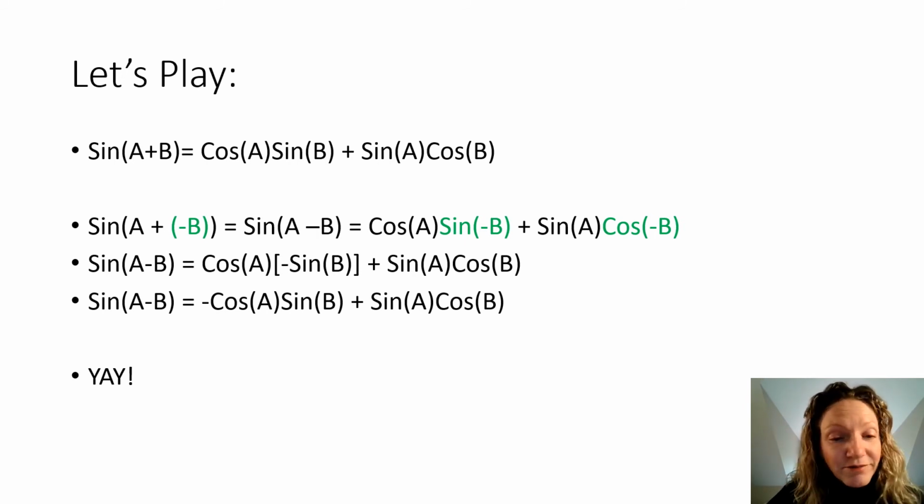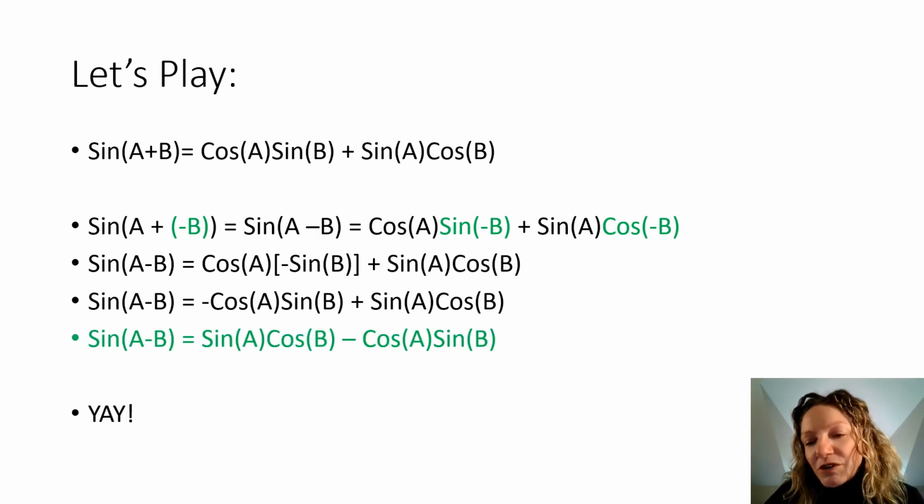I don't know why. So if you need to rewrite it, fine. But this is really good for students to see that when they're deriving it, it might not look exactly like the formula on the formula sheet or in the textbook, but that's okay, because just because it doesn't look the same doesn't mean it's wrong.